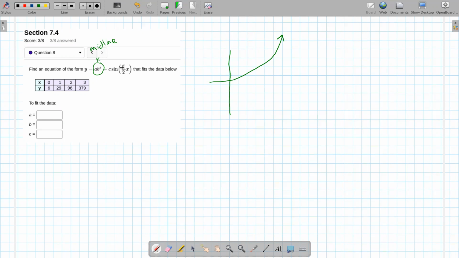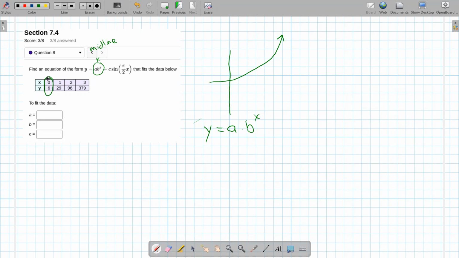And then we're oscillating around that midline. So let's assume that we are hitting those points with that function right there. So let's test that part out first. So let's just focus on y equals a times b to the x.